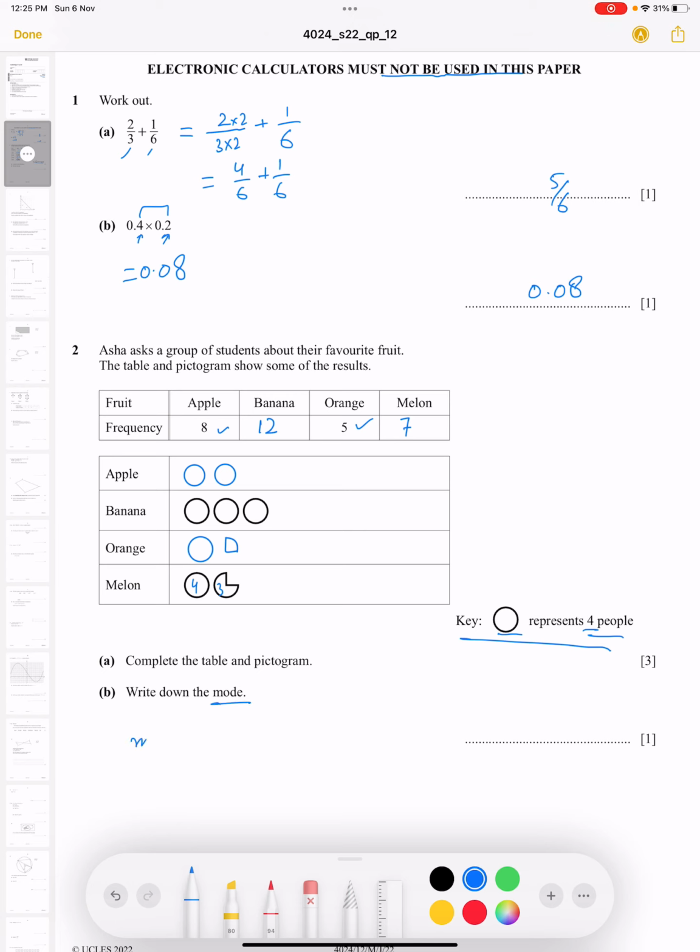We know that mode means the value which has the highest frequency. So the mode in this case, highest frequency is of banana, which is 12. So we can write fruit banana is the mode.